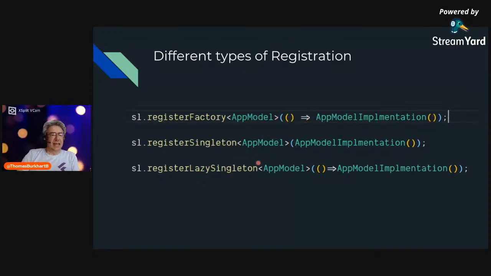Then the last one, which is probably no longer as important as it was in earlier times, especially in the .NET world, where it was more important with Xamarin, is register lazy singleton. A lazy singleton is also a singleton, but the instance is not created at the point where you register it.